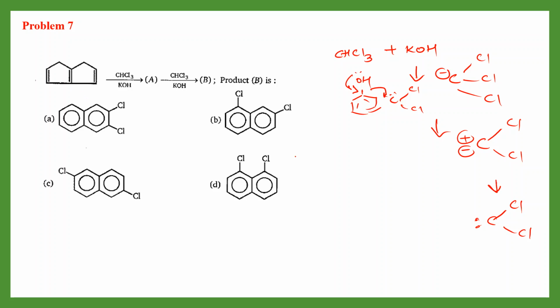Okay, so we will see the possibility. If someone is thinking that the base is going to abstract a proton from here, since it is a carbanion, since it is an aromatic system, it is stabilized, and you are going to directly attack this.